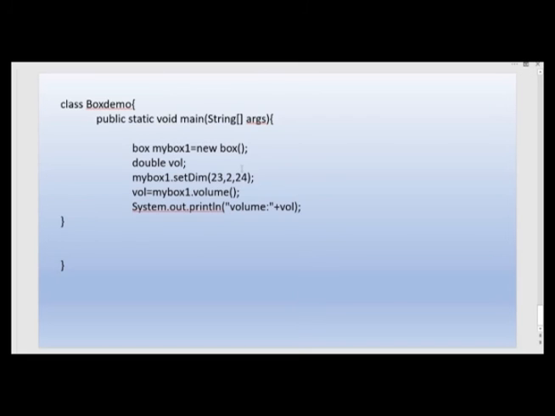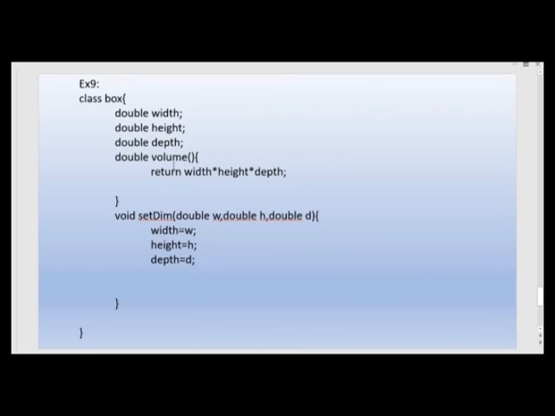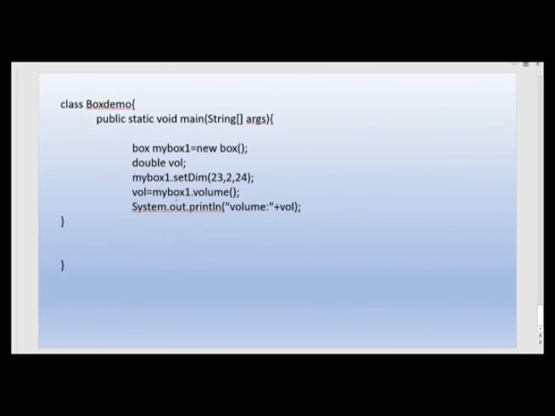Here we pass the arguments to the setDim method. These arguments are assigned to w, h and d, and these parameter values are assigned to width, height and depth. After that, you can see vol equals myBox dot volume.